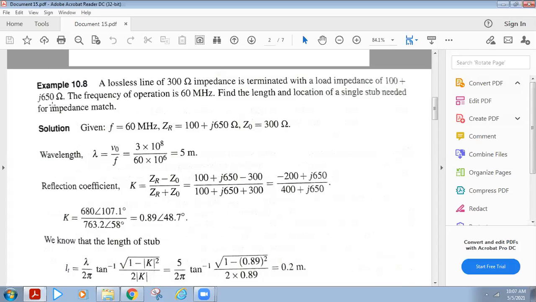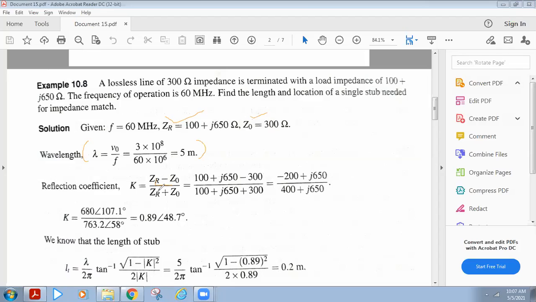Now you know ZL and Z naught. From these two parameters, what can we find? The reflection coefficient, right? Reflection coefficient K equal to (ZL minus Z naught) by (ZL plus Z naught).